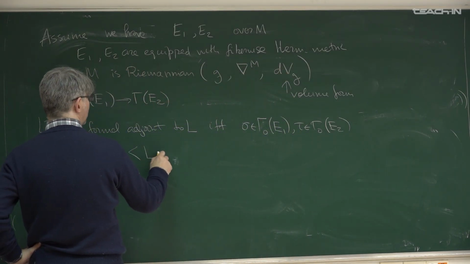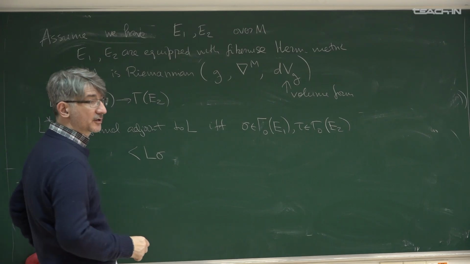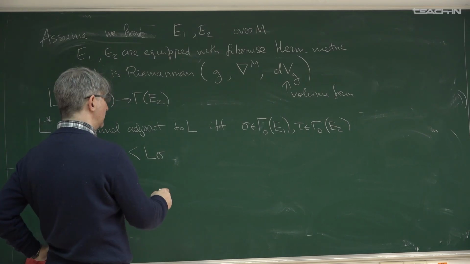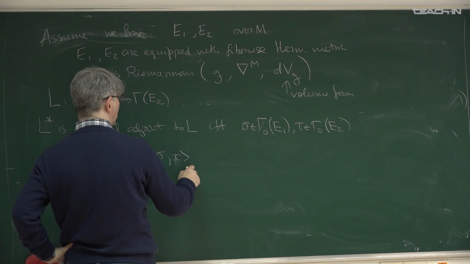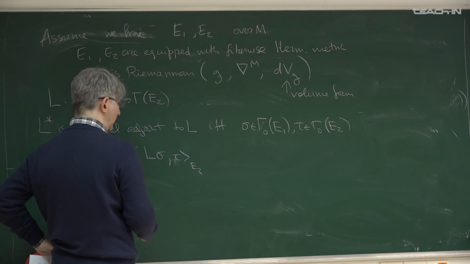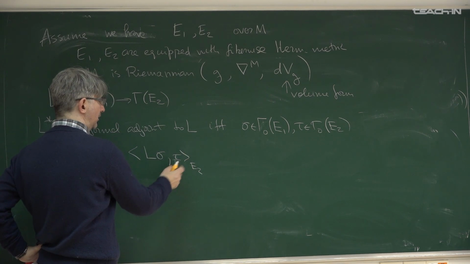We obtain L sigma, which is now a section of E2. Then we take the Hermitian product with tau, so we take the scalar product in the fibers of E2.